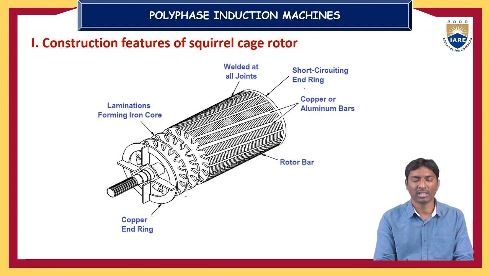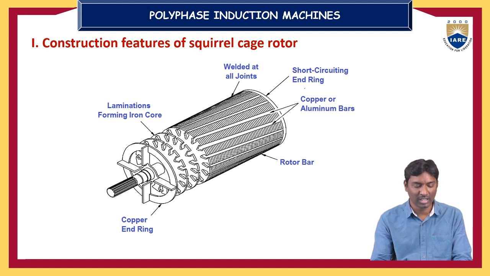In the squirrel cage rotor, the laminations forming the iron core and the copper end rings play the main important role. Here, the eddy current losses in the rotor core are very less, as the frequency of the induced EMF is very less, and the induced current in the rotor core is very low. So we can use thick laminations for the rotor core in the squirrel cage rotor.